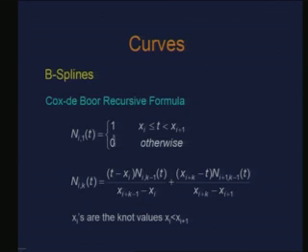And if we see how these N_i,k's are computed, they are computed in a recursive manner, where the base case is N_i,1, which is nothing but a step function defined as 1 or 0. It is 1 when the parameter t is in the knot values x_i to x_i plus 1.